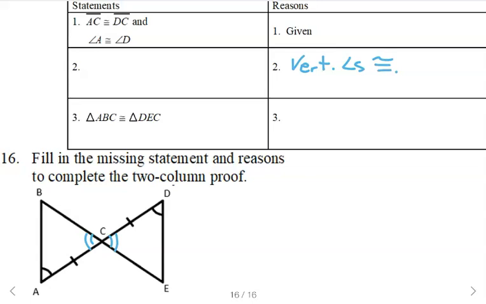So we can say angle ACB is congruent to angle DCE. And once you say that, now we have enough for angle, side, angle, angle, side, angle.